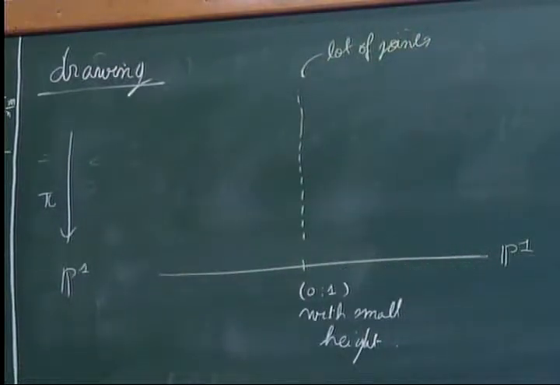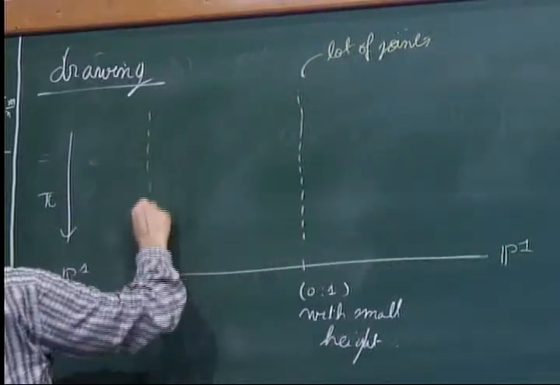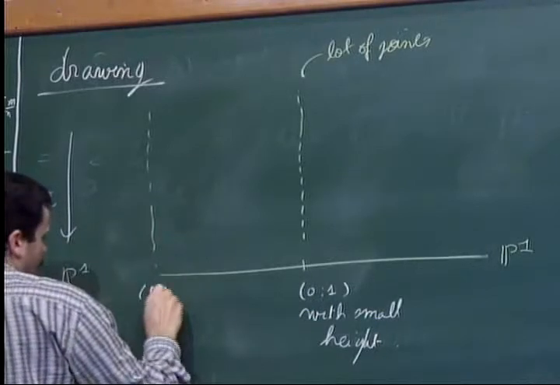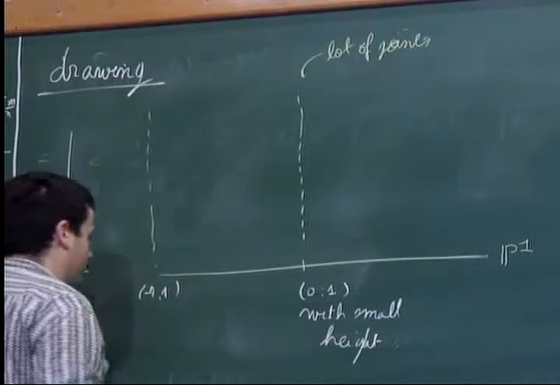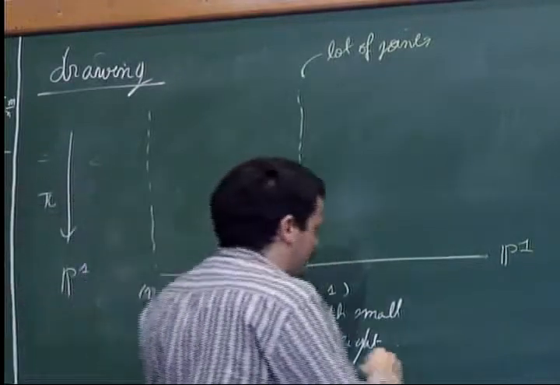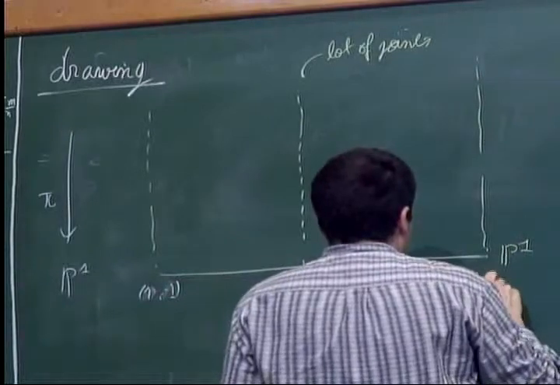On the other hand, there are a few such lines with small heights. Let's say, for example, 1, 1, or minus 1, let's say 1, minus 1, okay, which has the same height as 0, 1, and 1, 1.